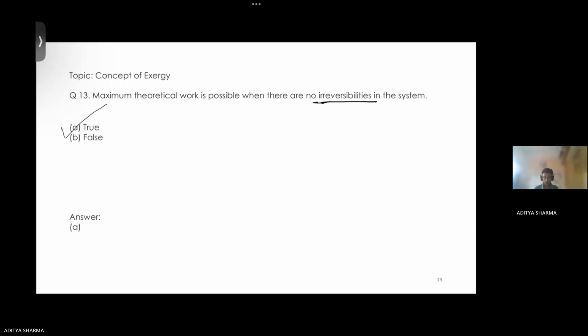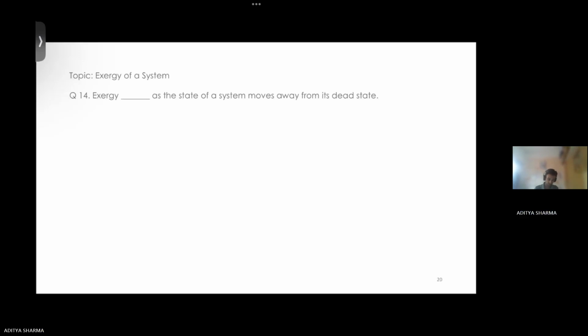Right? Okay, so we will move on to next question. There are still a few theoretical questions, conceptual questions, left.